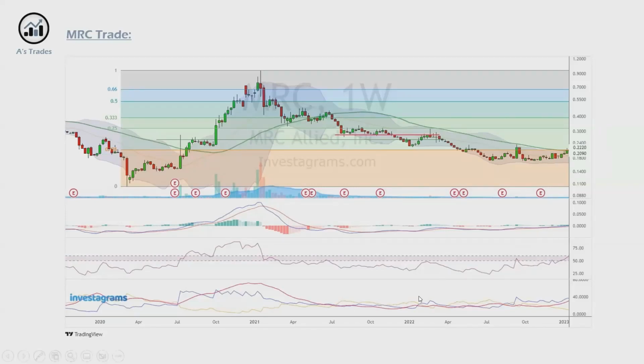If it breaks out of the orange resistance level, it has a good potential reward of 35 to 40% from its next resistance right here, around 0.3 price. Or a conservative reward of 15 to 16% based on this horizontal red line right here.